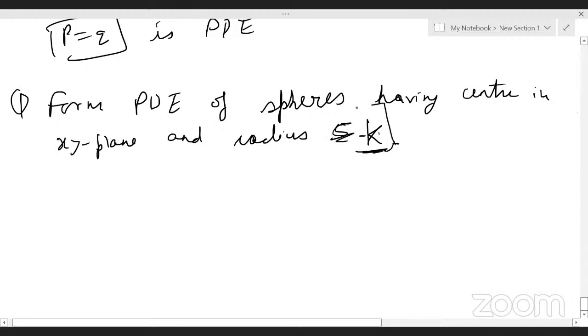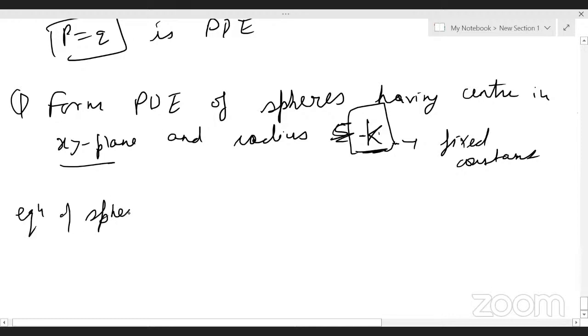This is not an arbitrary constant, this is a fixed constant. Okay. So as the center lies in the XY plane, the center's z coordinate will be 0 and the radius is k. So first you have to think what is the equation of a sphere, from the knowledge of 3D. That's why knowledge of 3D will be required in PDE a lot.